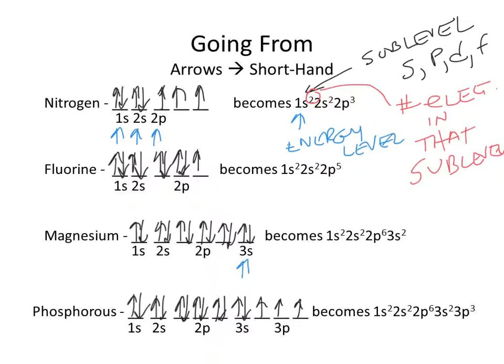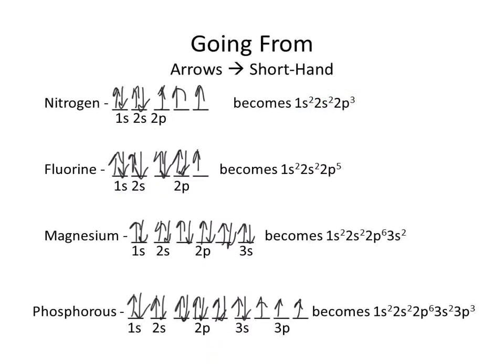So how are we going to write this out now? We just say, here's my energy level, here's my sublevel, how many electrons do I have? So all this arrow stuff condenses down to this, and we read this as 1s2, 2s2, 2p3.